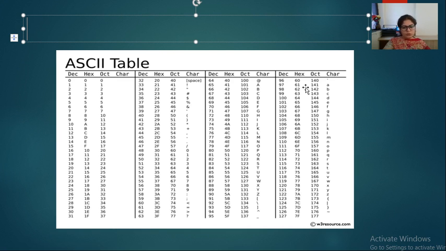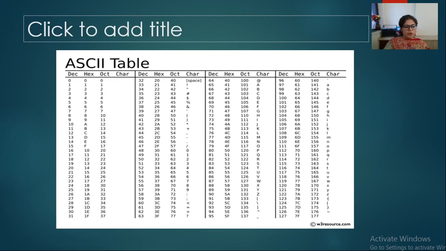I have already told you the computer understands only two numbers, 0 and 1. So when we type A, it will directly enter the ASCII value 97, and then it will convert 97 into its binary code, for example 01101. So it gives that value to the computer. So the computer calculates all the values according to the ASCII values.